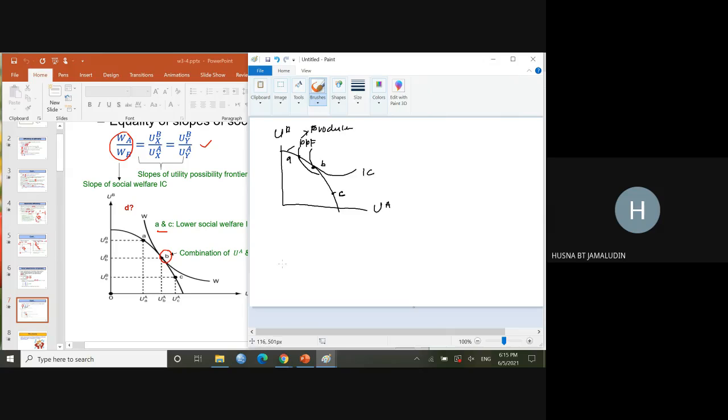There are some rules for indifference curves. This is indifference curve 1, this is indifference curve 2, this is indifference curve 3. The higher you are from the origin, the higher your utility. So which indifference curve will give you higher utility? 1, 2, or 3?